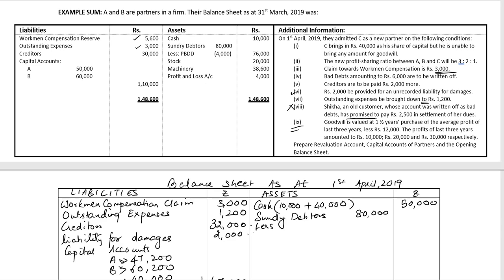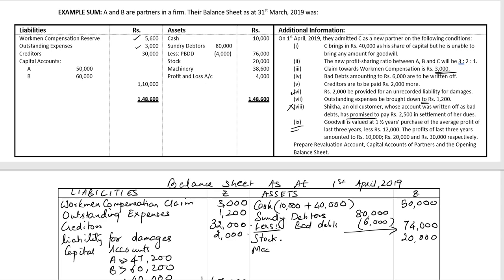We need to write off bad debts of rupees 6,000. Less bad debts 6,000 rupees. Final figure 74,000 rupees. Stock. There is no change in the value of stock. It's 20,000 rupees itself.